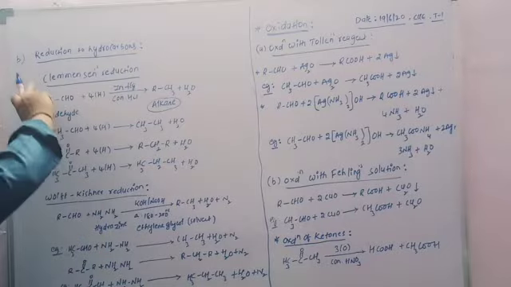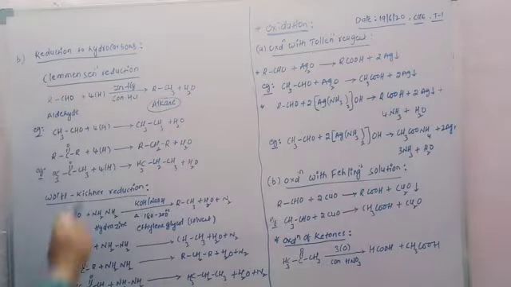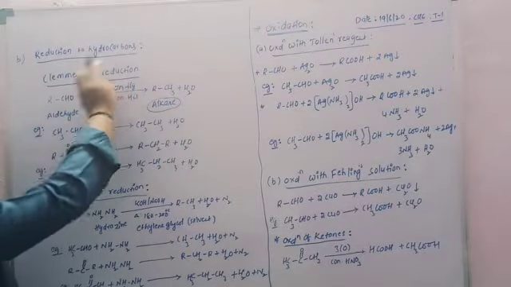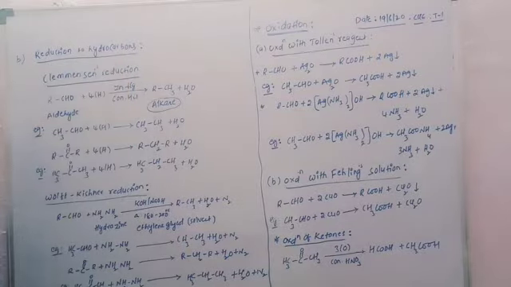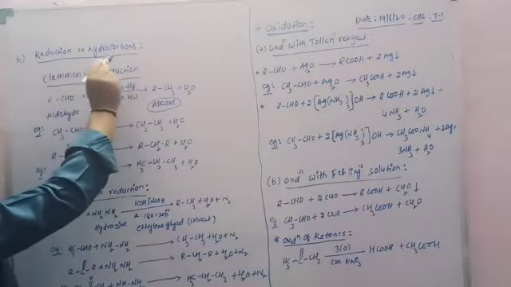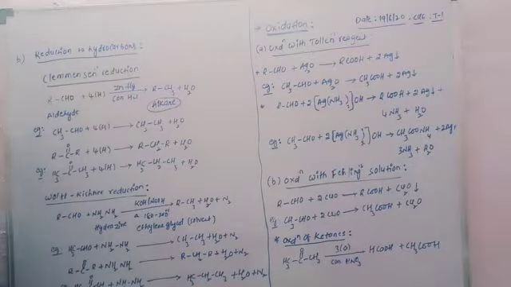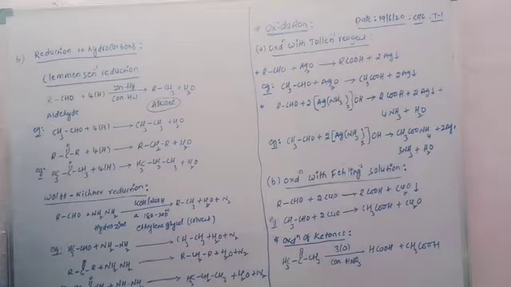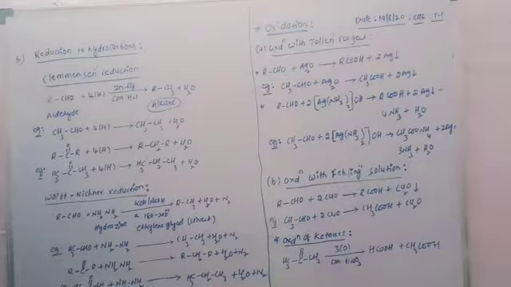The second one is reduction to hydrocarbons. Hydrocarbons means alkanes, alkenes or alkynes. Alkanes are saturated hydrocarbons. Alkenes and alkynes are unsaturated hydrocarbons.